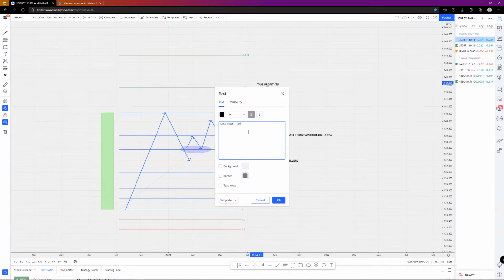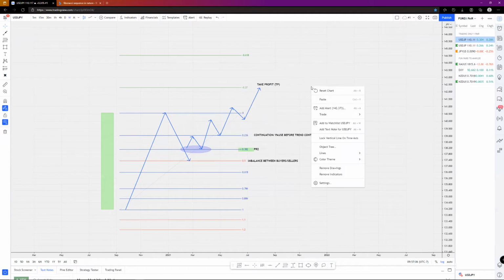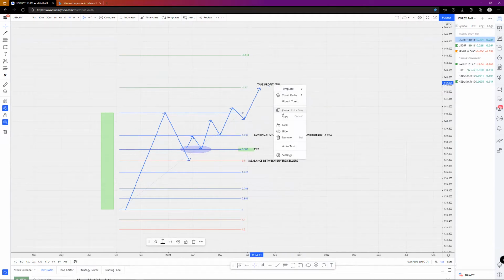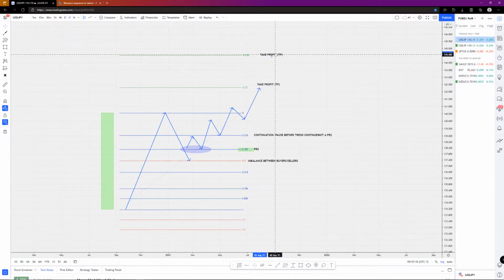Known as your TPs. These are where you would traditionally take profit. Now, I'm not saying you have to, but this is basically your overall goal.